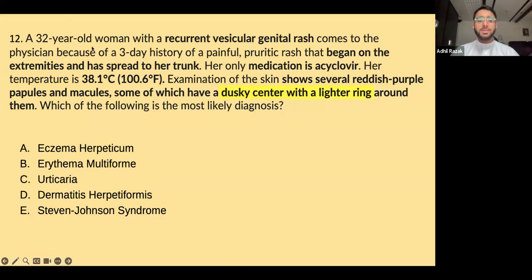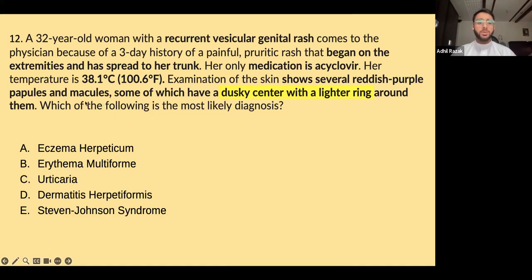Anyways, so we have a 32-year-old woman. She has a recurrent vesicular genital rash, and she comes to the physician because of a 3-day history of painful, pruritic, itchy rash that begins on the extremities and has spread to her trunk. She's on acyclovir, and her temperature is 38 degrees. She has a fever, and her skin shows several reddish purple papules and macules.